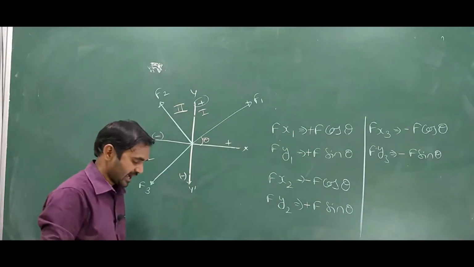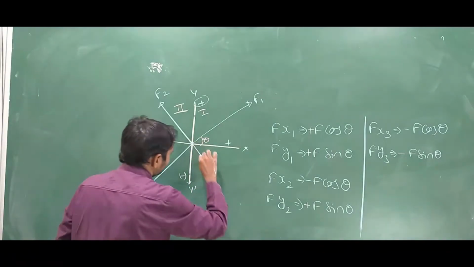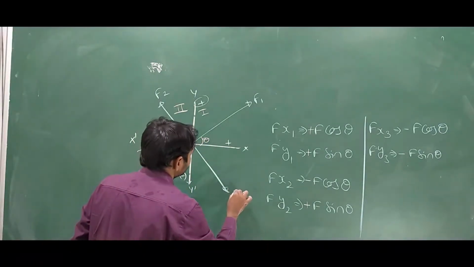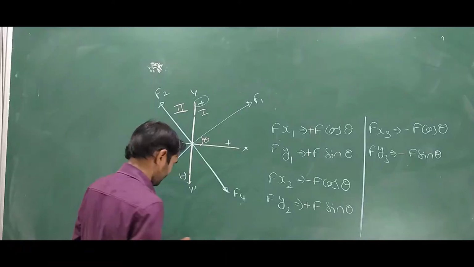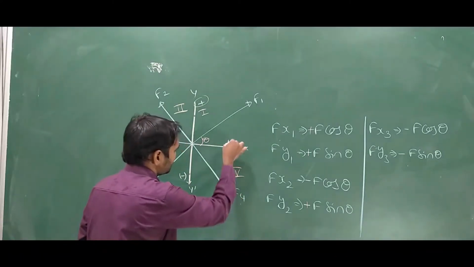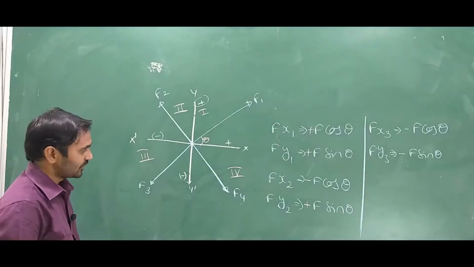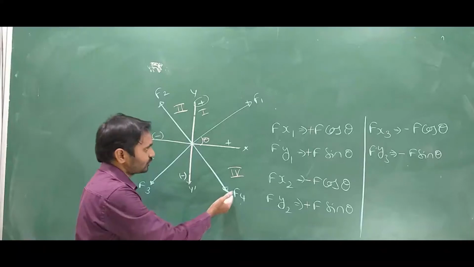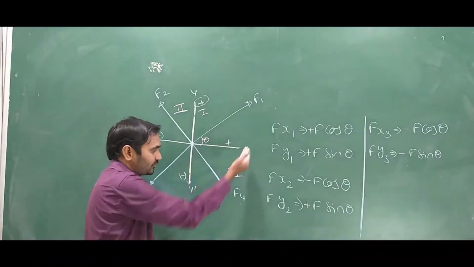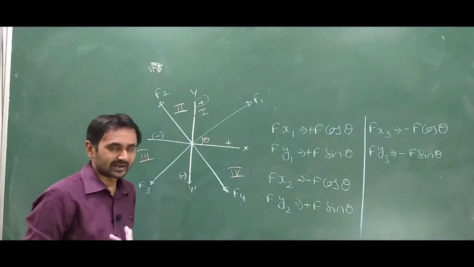And now we have the last coordinate, that is the fourth coordinate. So let this be F4 and this is my fourth coordinate, where x is positive, y is negative. When I resolve this F4 towards x, I'll get positive. When I resolve this F4 towards y, I'll get negative.